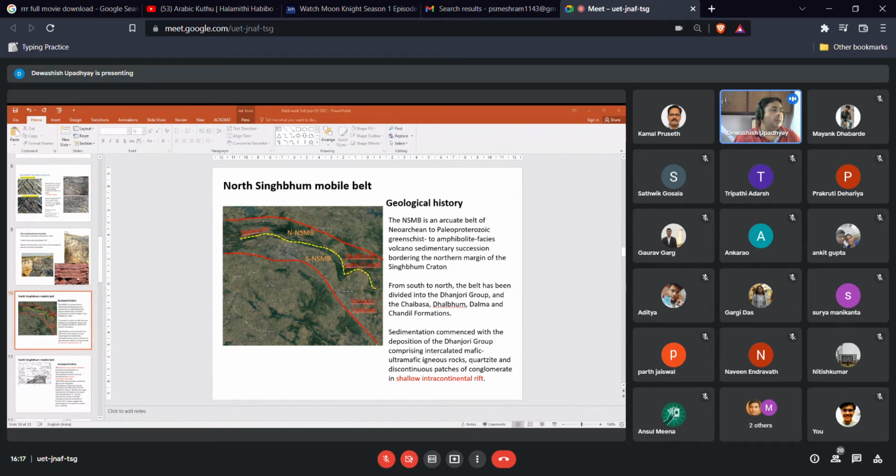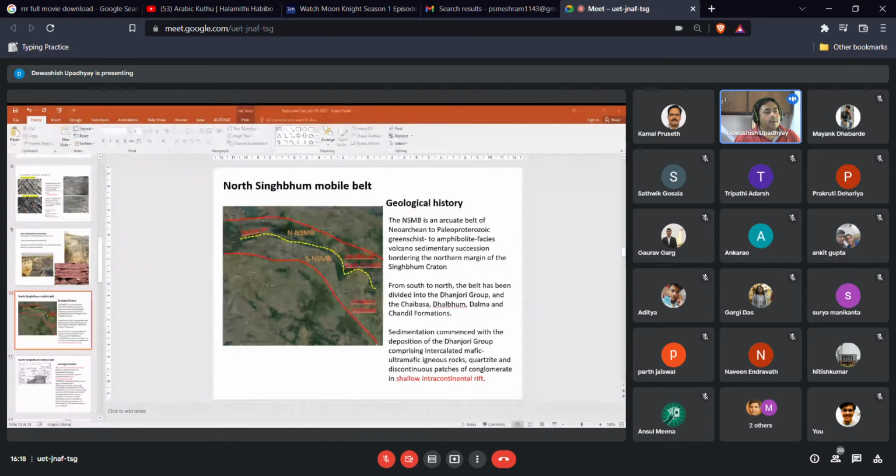I'll explain these terms a little later on. Komatiites are ultramafic volcanic rocks containing elongated blade-like skeletal crystals of olivine.